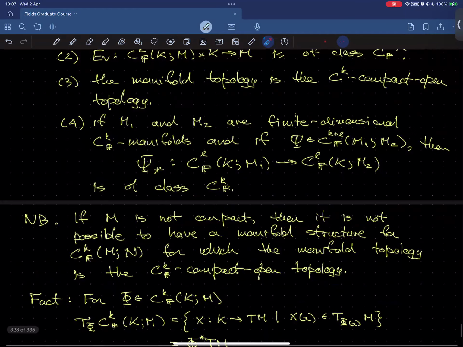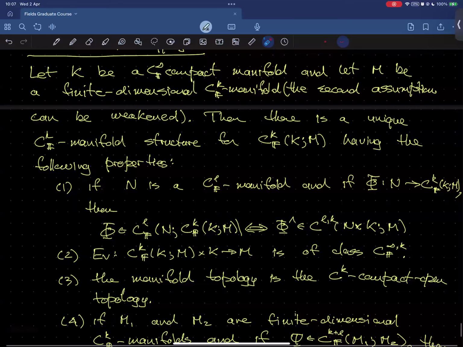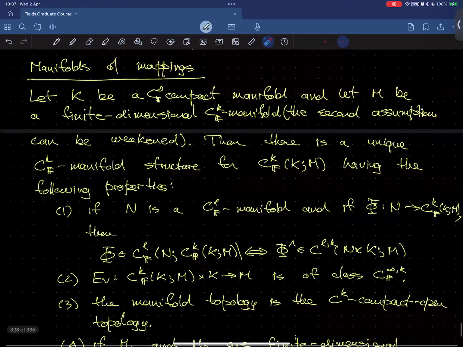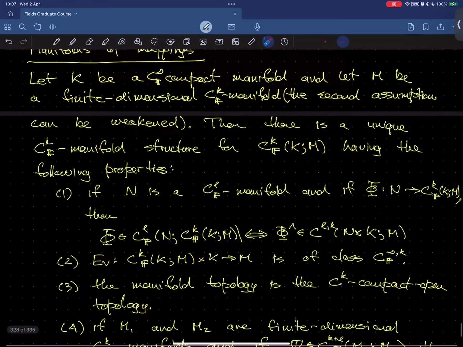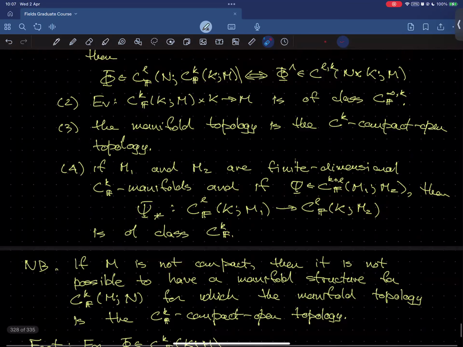Again, I'm not telling you how to build this manifold structure because it's not necessarily that difficult, but it's a bit of a project. Certainly, I wouldn't have time in a lecture like I'm giving right now to say how to do that.